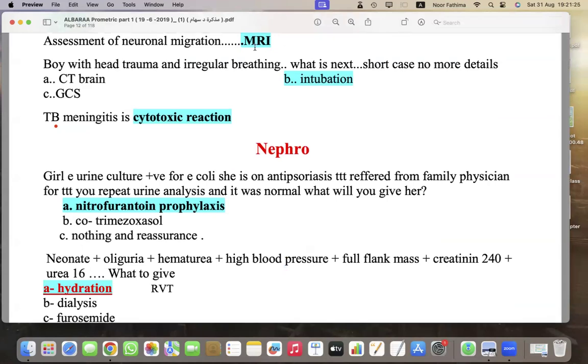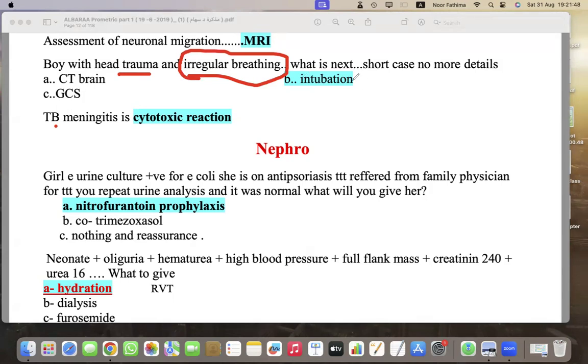Next, a boy with head trauma and irregular breathing. What next? Short case, no more details. He has head trauma, I agree, but the problem is there is irregular breathing. So the first thing we will attend to is the irregular breathing.